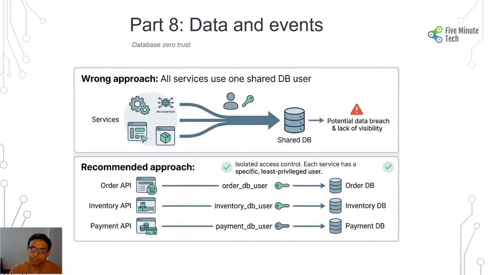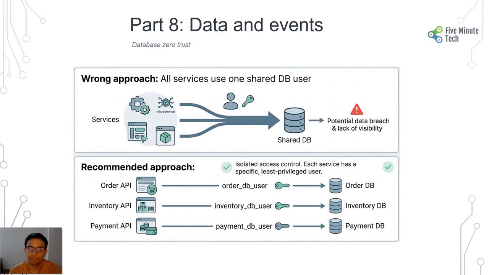Now, part 8 is your data and events. Zero trust must extend to databases, and each service should have its own database credentials and its own data boundary. Order API should not connect to payment API's tables directly.